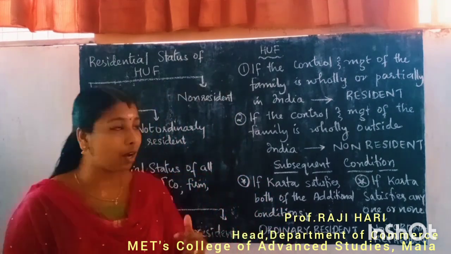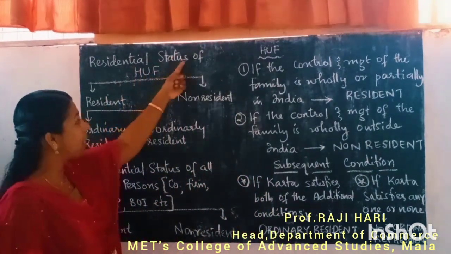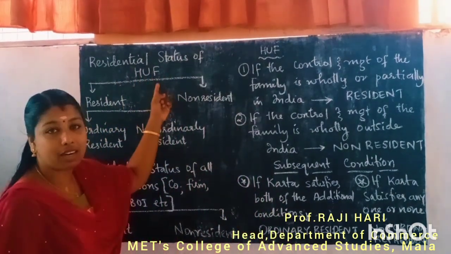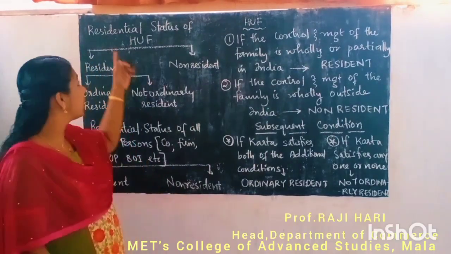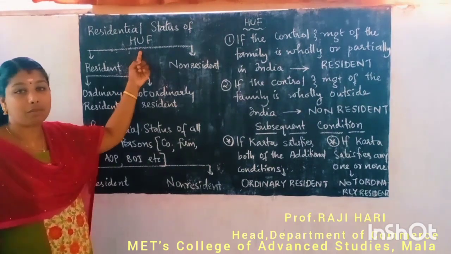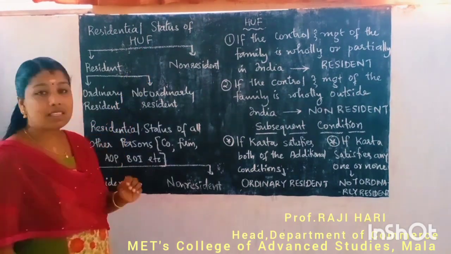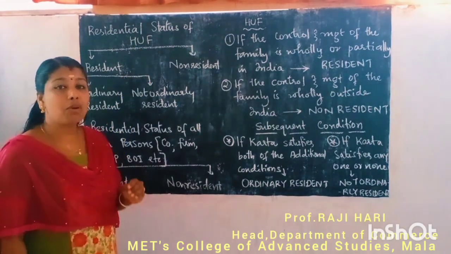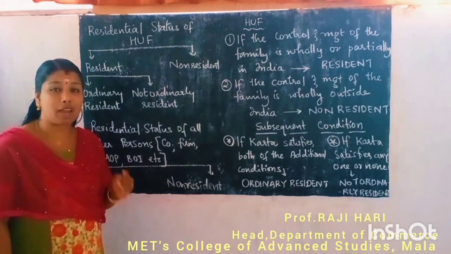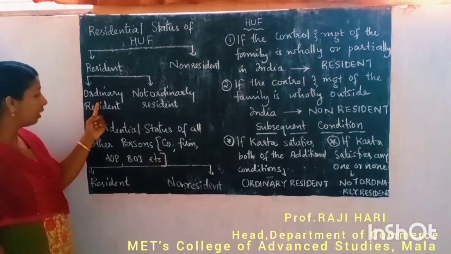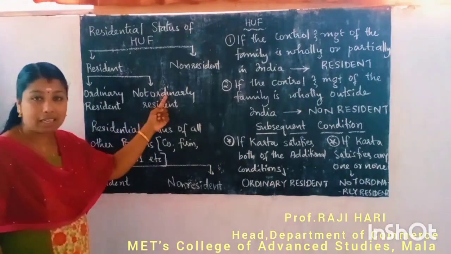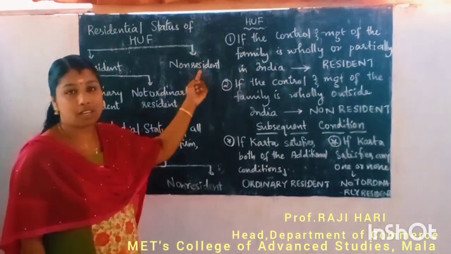So our next topic is residential status of Hindu undivided family. Just like an individual, a Hindu undivided family can also enjoy three residential statuses, that is ordinary resident, not ordinarily resident and non-resident.